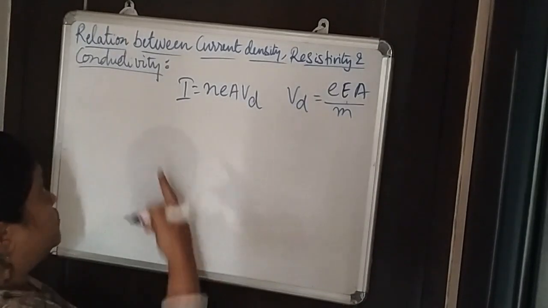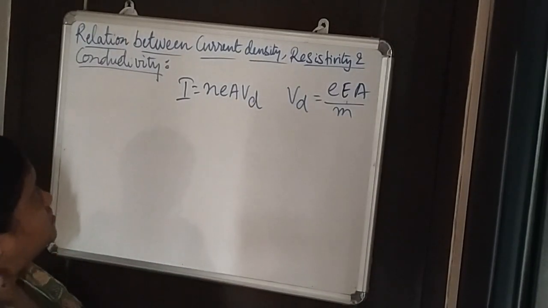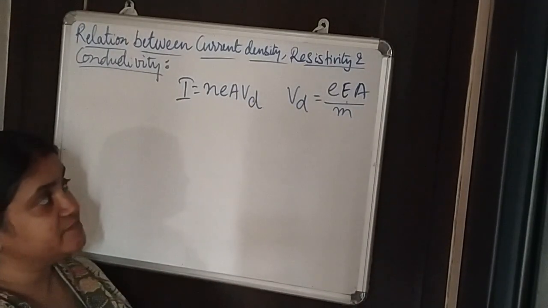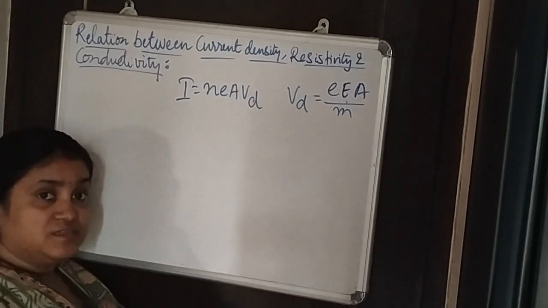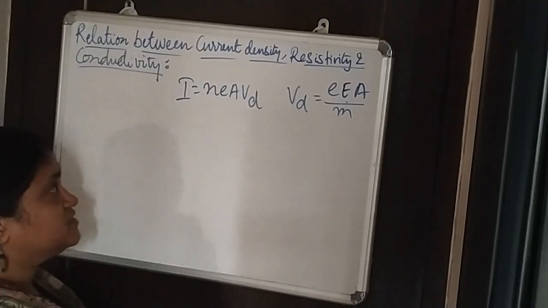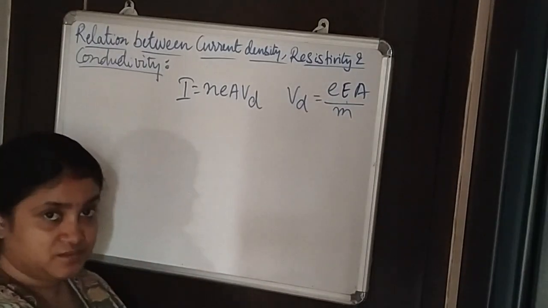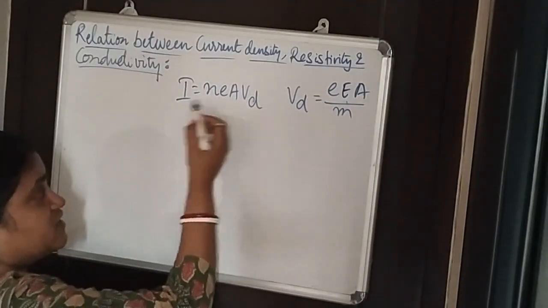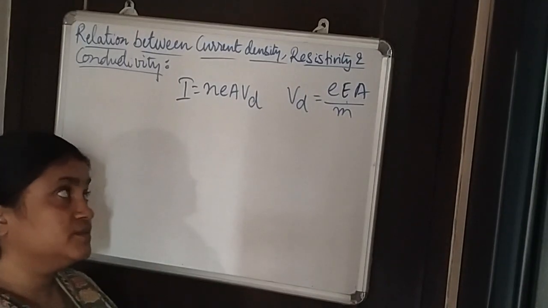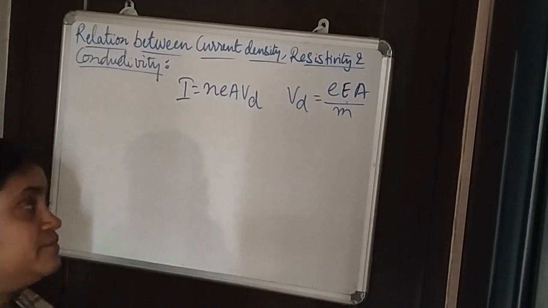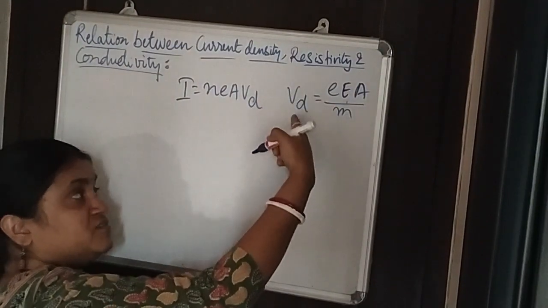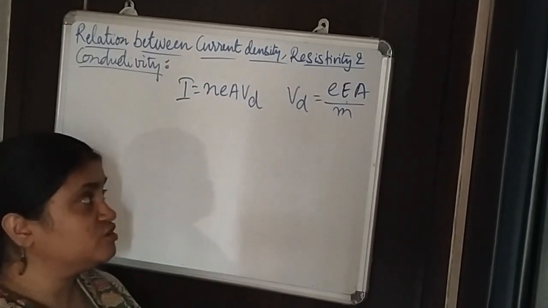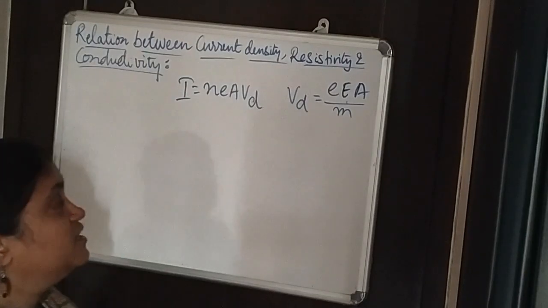So now we will see another relation between the current density and resistivity and conductivity. In our previous sections we have derived the relation between current as well as the drift velocity, and previous to that we also derived an expression for drift velocity in terms of the electric field.